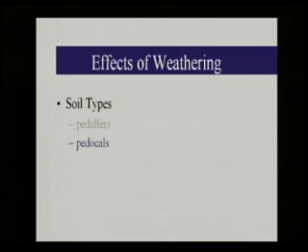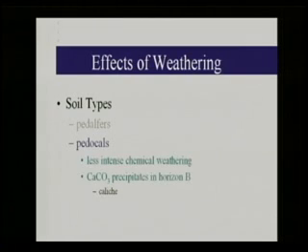Well, what about in cases where we don't have a lot of precipitation? For example, where we can wash some of or dissolve some of those minerals out of the A horizon, but we just don't have enough water to completely remove them from the system. We get the formation of a pedocal, where there is less intense chemical weathering or in arid environments.